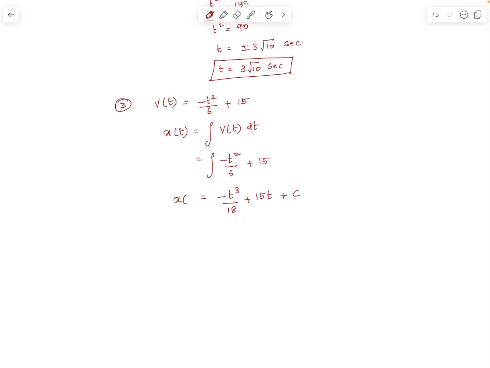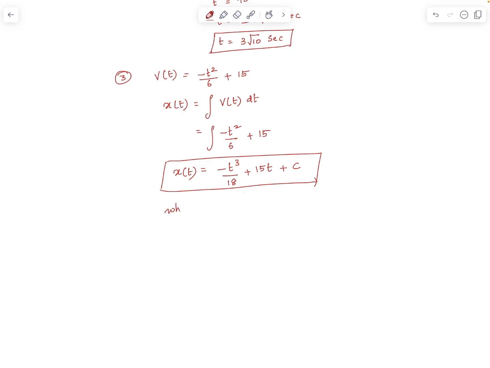When t is 0, x is 0. Substituting this in the equation x of t, we get 0 equal to the terms minus t cube by 18 and 15t become 0. So we get c as 0. Putting the value of c, x of t becomes minus t cube by 18 plus 15t.